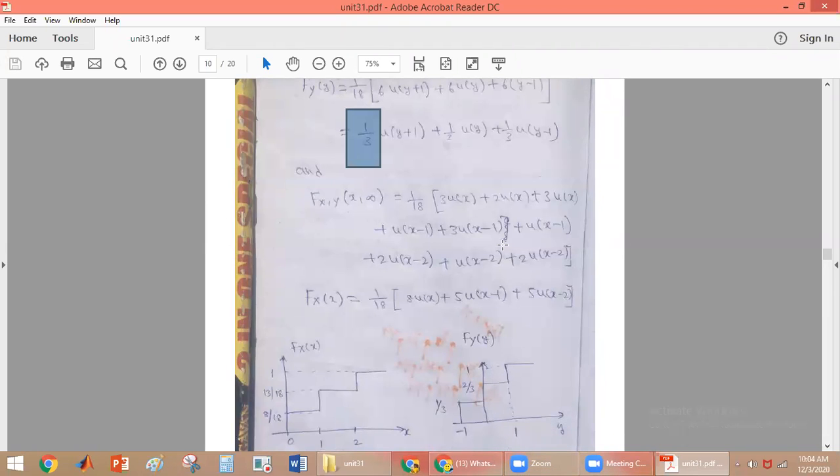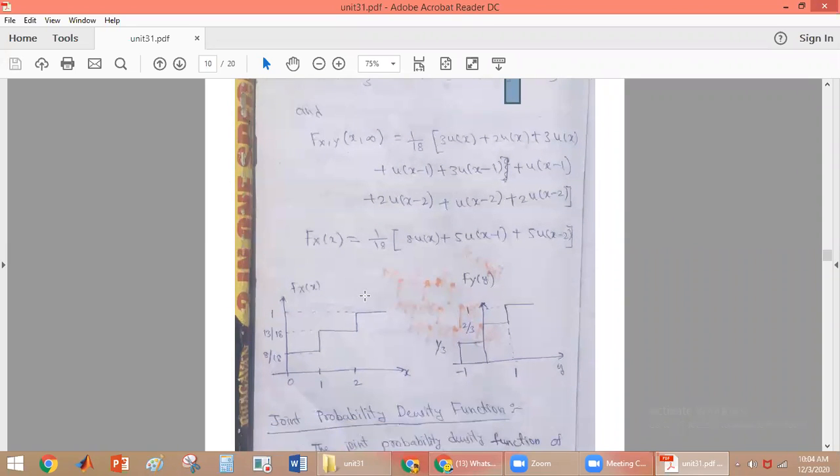Similarly at y is equal to 0, one more step function will be added with amplitude 1 by 3, so the amplitude rises to 2 by 3. Similarly at y is equal to 1, one more step function will be added with amplitude 1 by 3, so the total amplitude will be 3 by 3, which is equal to 1.